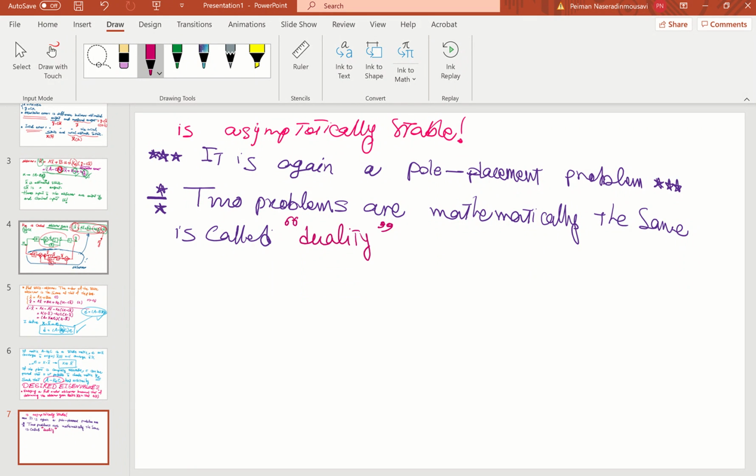They are the same problem, because one deals with the A minus BK gain matrix to follow a zero or non-zero reference input, and the other is A minus K_E C, which is the observer gain. We have to define it. That's why we name it duality.